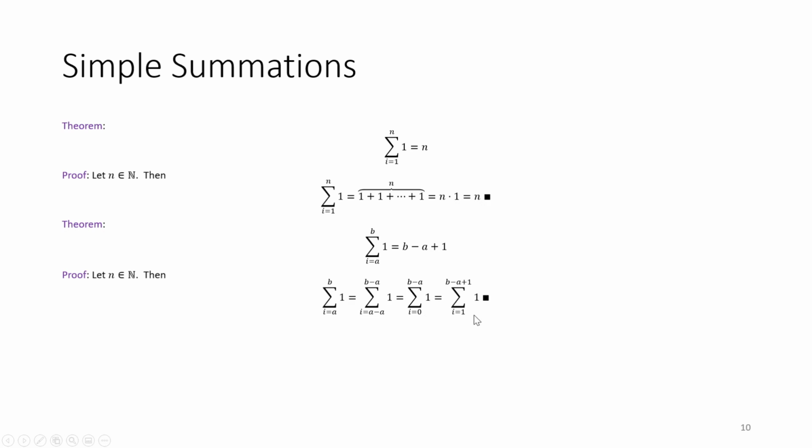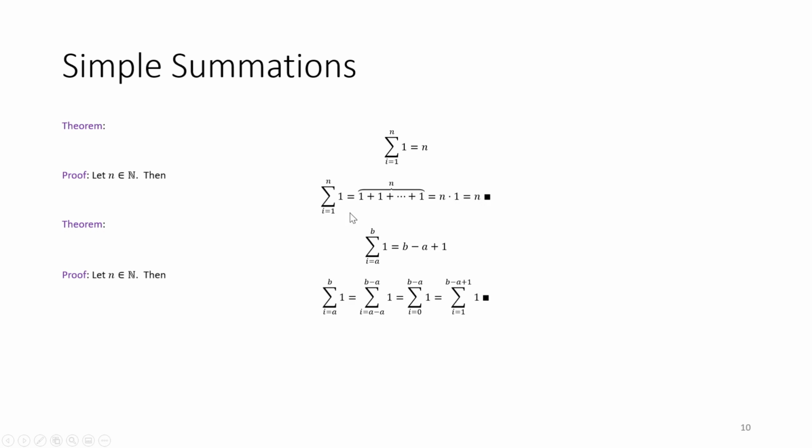Not 1. But I want it to be 1 so I can apply this formula up here. So to do that I'm going to add 1 to both of them again. Okay, that puts it now in this format where I can apply this formula, which tells me all I need to do is read off the upper bound. That happens to be b minus a plus 1.